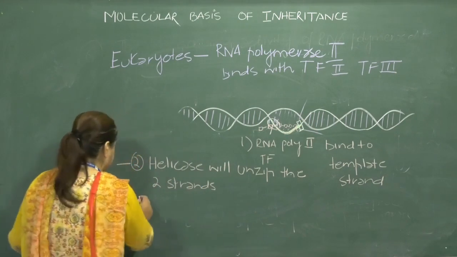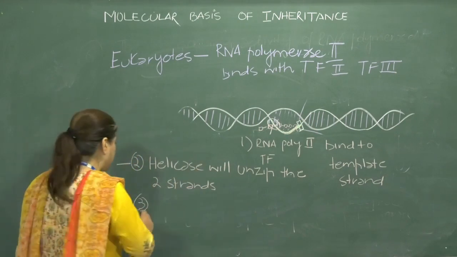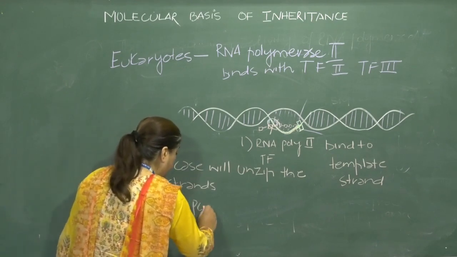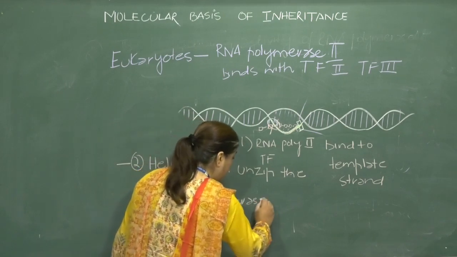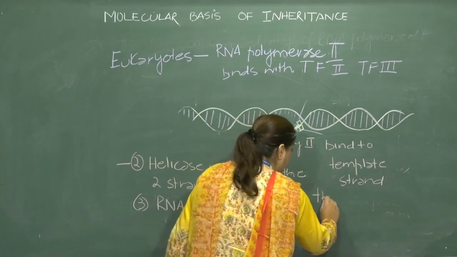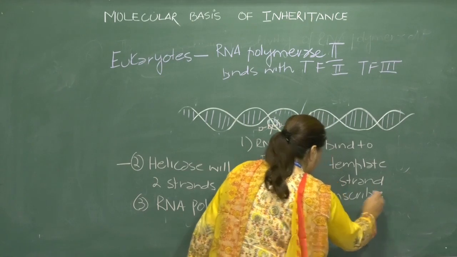See, first we will write here: helicase will unzip the two strands. Then what will happen? RNA polymerase 2 will transcribe the template strand.